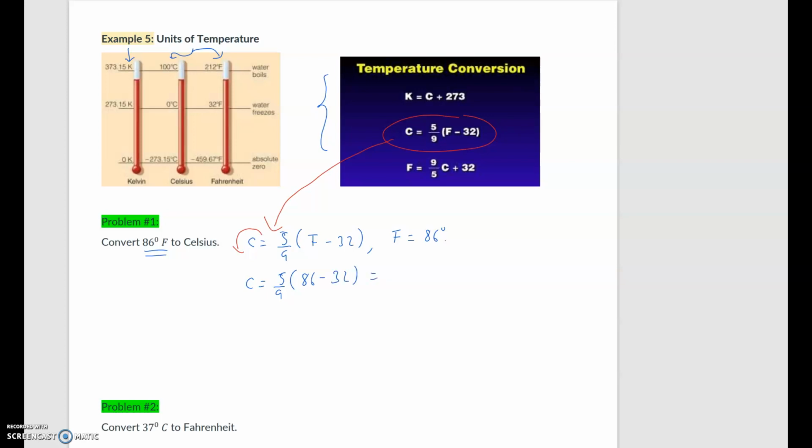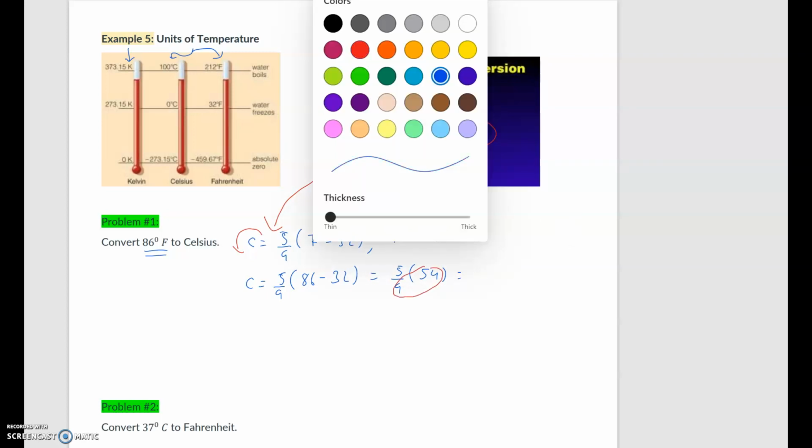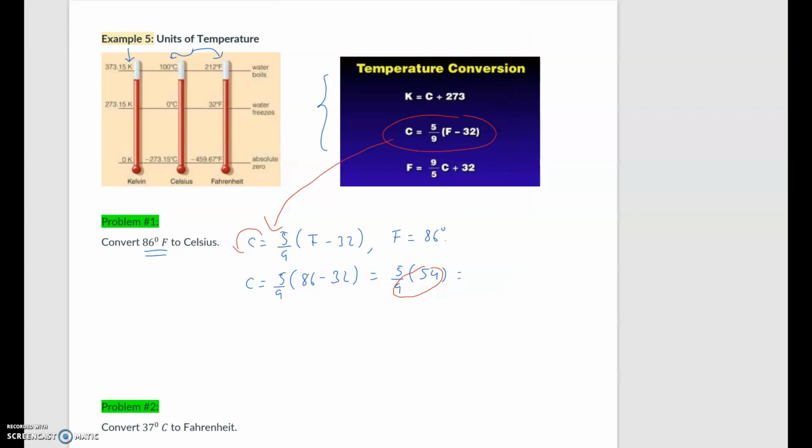And this is going to be equivalent to 5/9 times 54. And this is going to be reducing. So we can reduce these two. And this will be technically 5 times, 9 times 6 will give us 54.